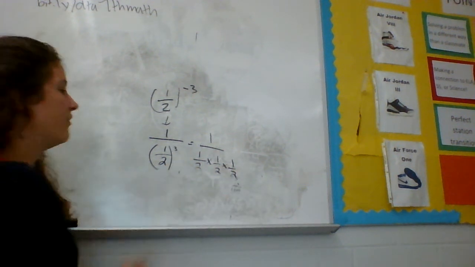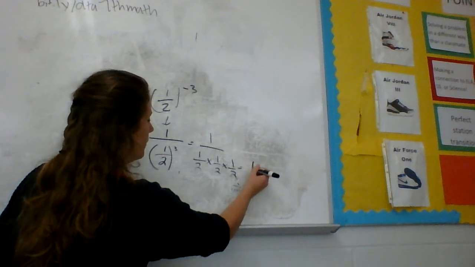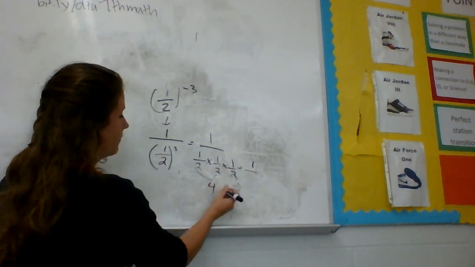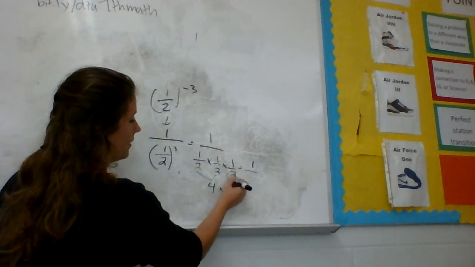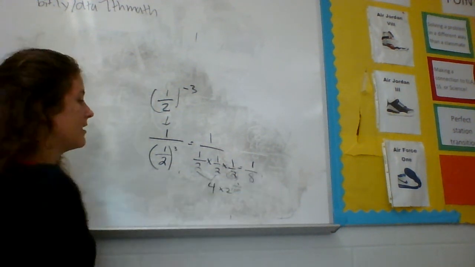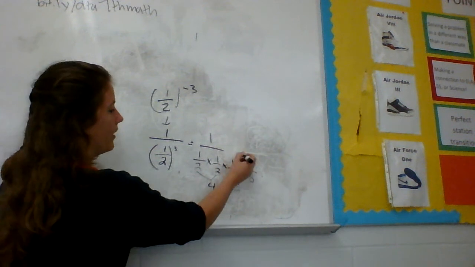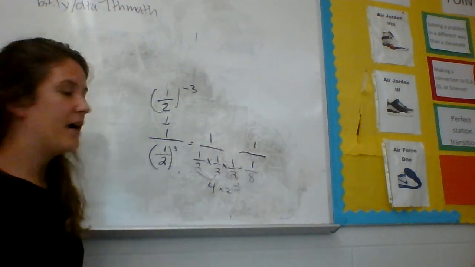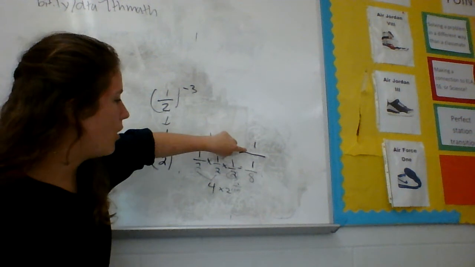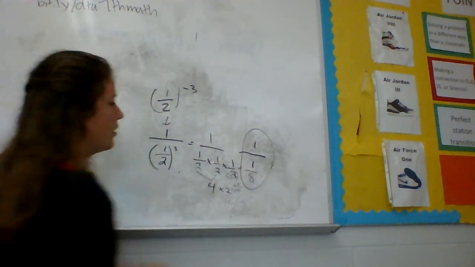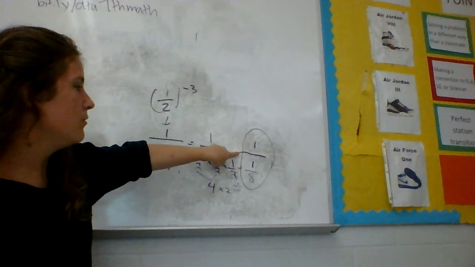I'm going to start to solve this. 1 times 1 times 1 is 1. 2 times 2 is 4. Times 2 is 8. So I get 1 out of 8. I did everything in my denominator. Now I need to keep my numerator. My numerator is 1. So I have this funky fraction of 1 over 1/8. I'm going to take this, and I know that this bar right here means to divide.